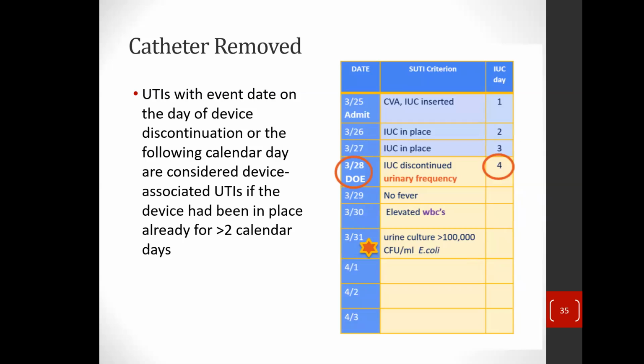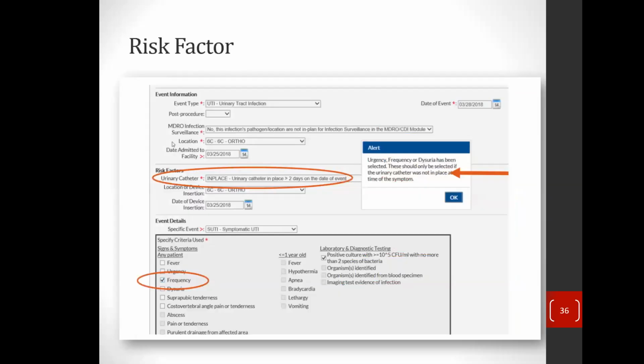Even though the symptom was when the catheter was removed, it was on the date of event and it met all the other criteria. You're gonna have trouble entering that into the database, and that's why I use this scenario, because this is a screenshot of an entry of an infection into the NHSN database.